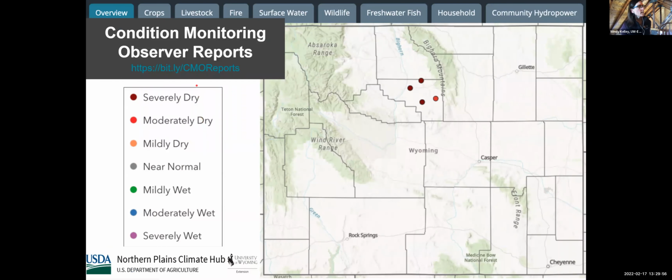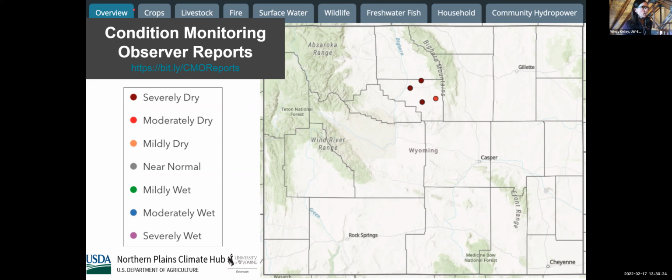Just like to always remind everybody about the Condition Monitoring Observer Report. Again, this is a great way to kind of raise the flag to bring to our attention different conditions throughout the state, whether they're improving or declining in your area. And you have the opportunity to submit a report, whether it is related to livestock, crop, wildlife, whatever it might be.